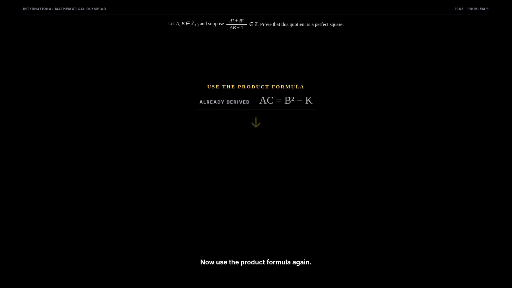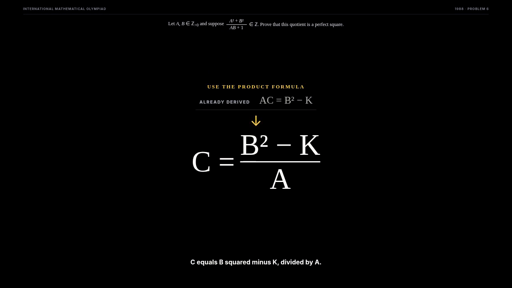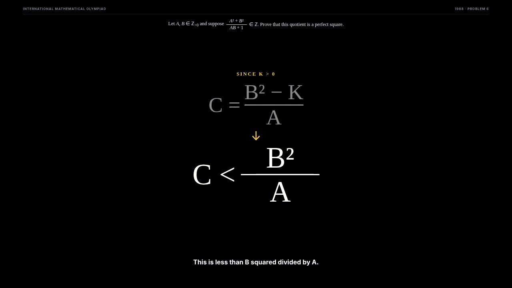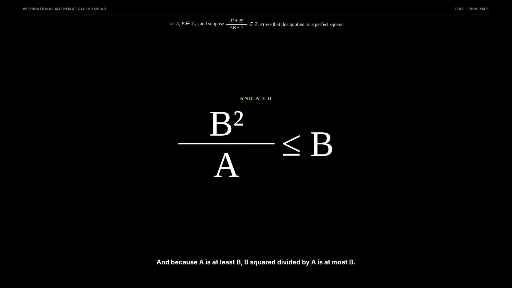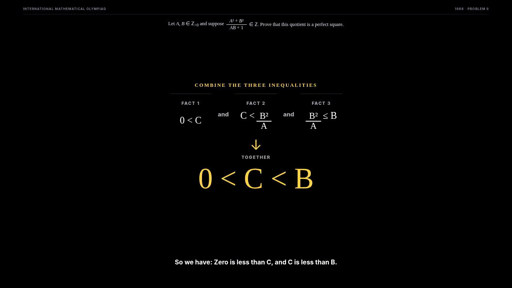Now use the product formula again. c equals (b squared minus k) divided by a. This is less than b squared divided by a. And because a is at least b, b squared divided by a is at most b. So we have 0 is less than c, and c is less than b.